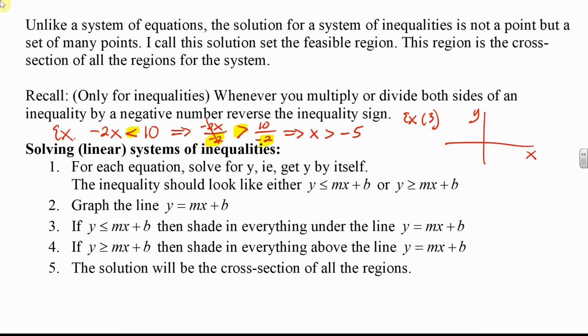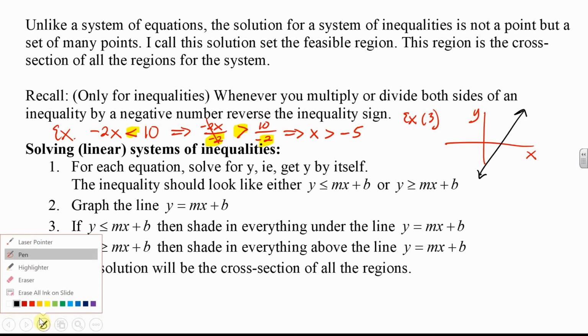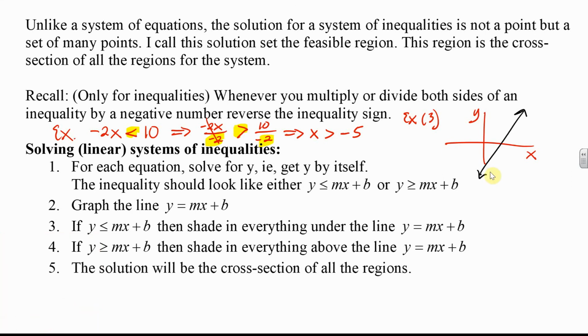So let's say, for example, I have a straight line that I just got through graphing, and since it's for 3, it says y less than, that means that we're going to shade in everything under the line. So that whole region there would be the solution for y less than or equal to mx plus b.